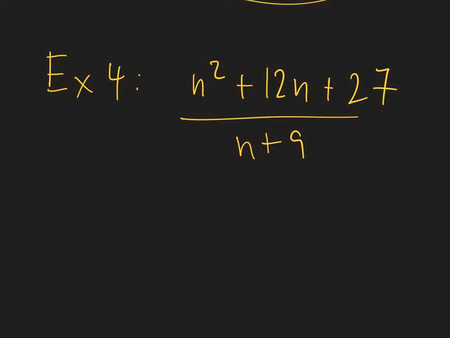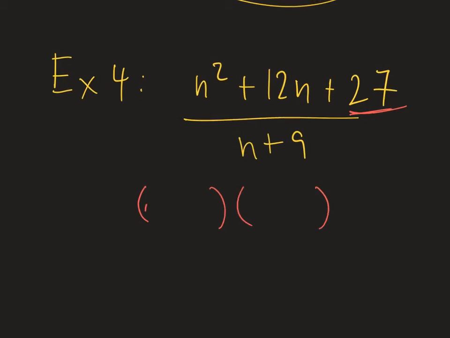We want to get 27, so the two numbers multiplied together are going to give us 27, and if you add them, they should equal 12. So create your parentheses. You're going to get n and n.